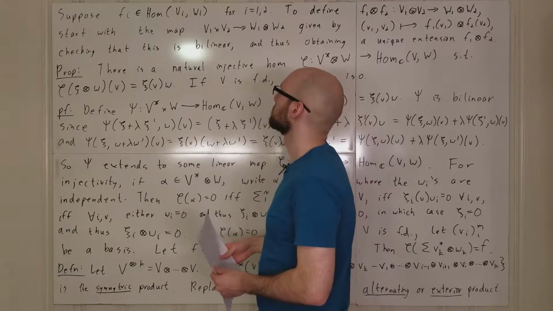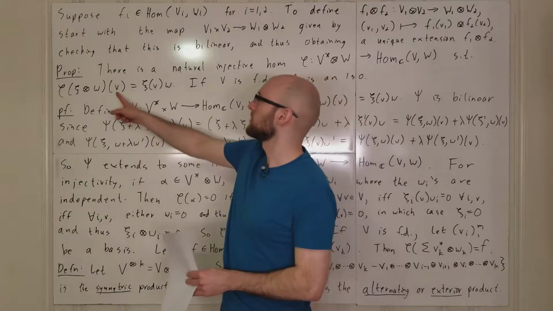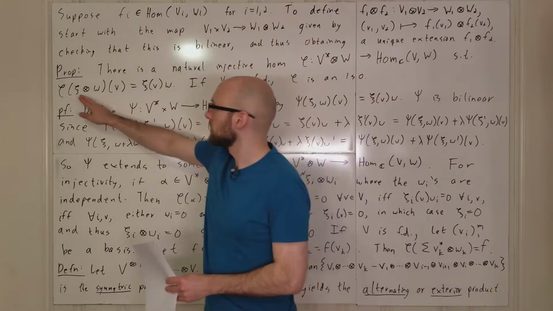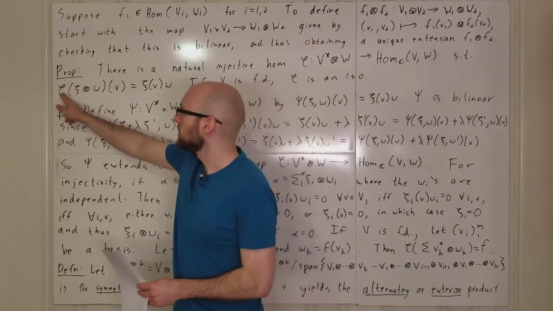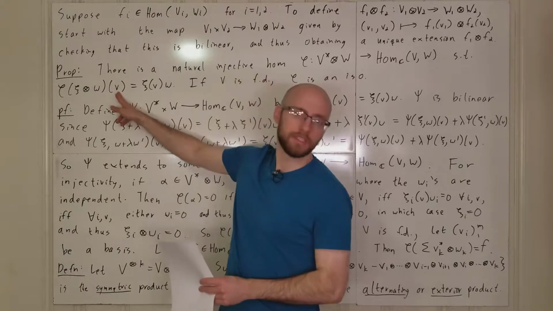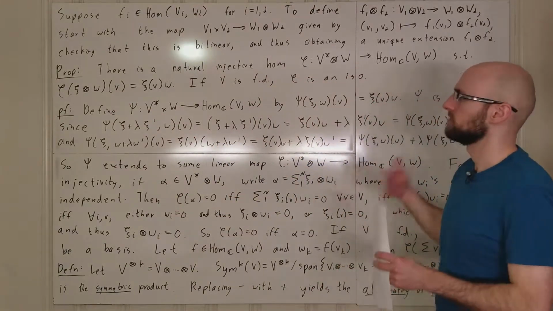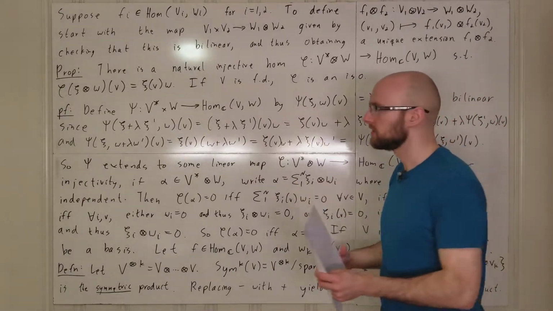So yeah, this is sort of the variable. So for any xi and w, phi gives you a map where v is the variable. Okay, so there's a lot going on here, but just try to keep everything straight in your head.